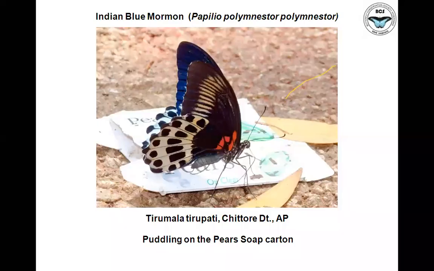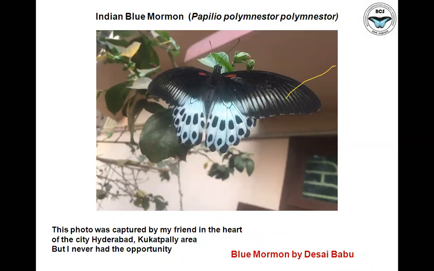So it is used for its beauty also, I think. And this is the blue Mormon, but this was seen in Hyderabad city itself. In my 30, 40 years of stay in Hyderabad, I was never able to see it, but a friend clicked this one.